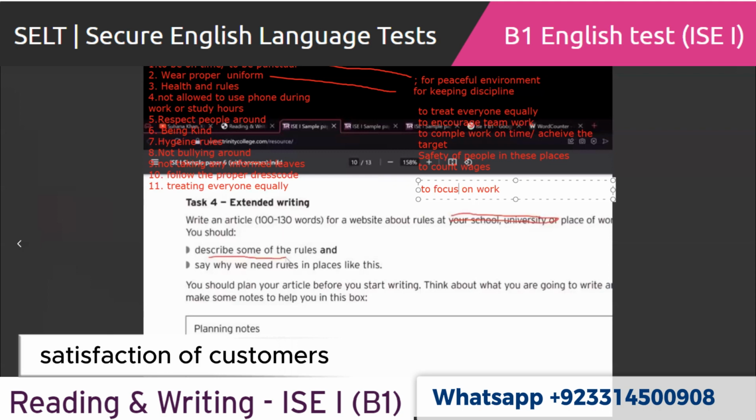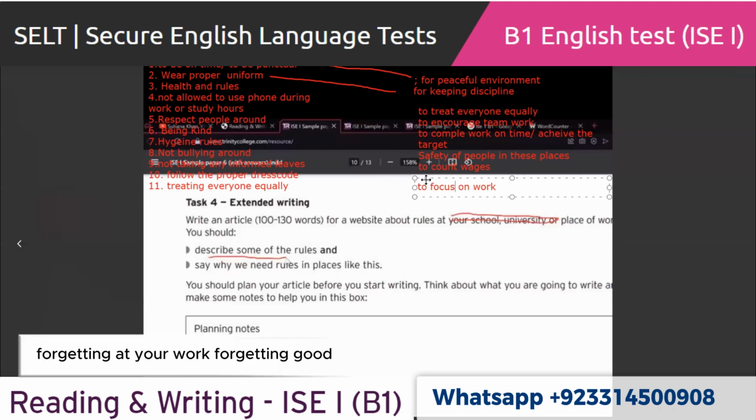Satisfaction of customers, but that would be too specific, because we need to consider all three places in mind, that is school, university, and place of work. We also used to say this point as for getting good stars or good feedback, for high performance. That's correct.